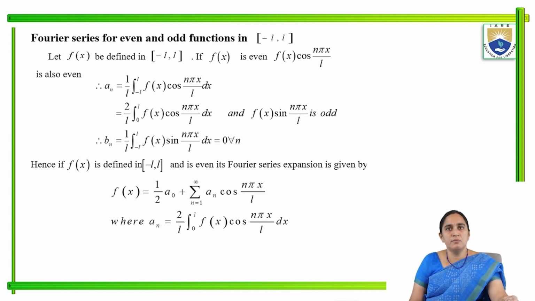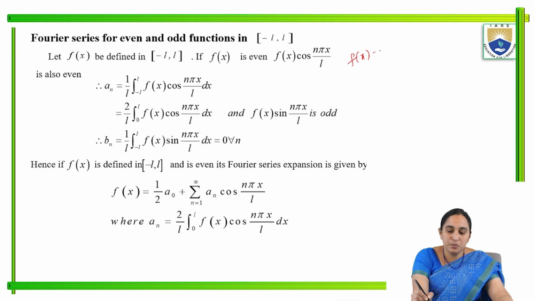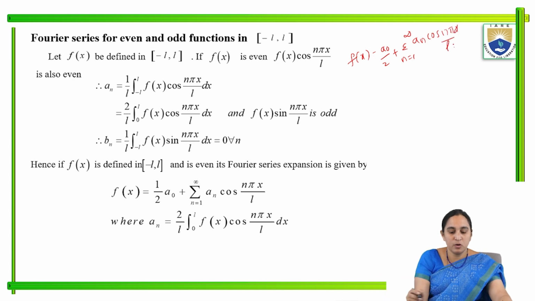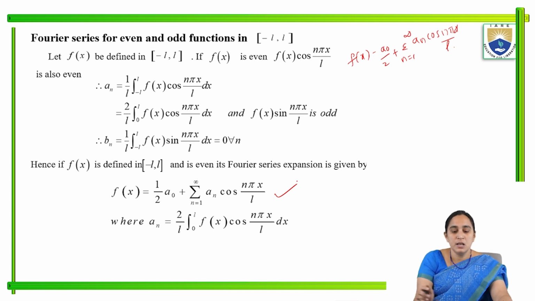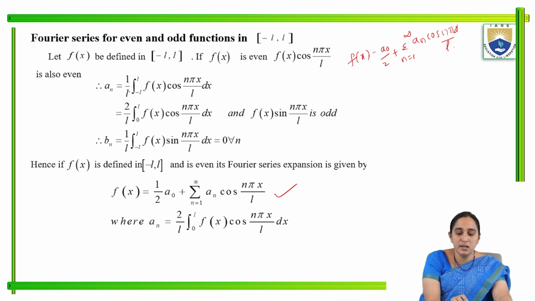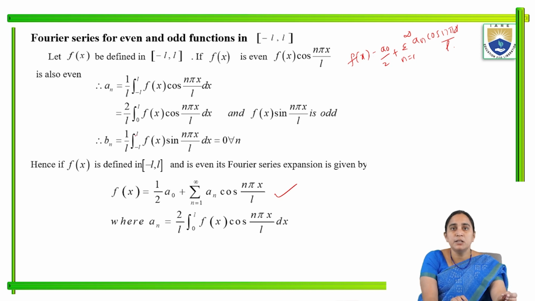If the function is even, the general formula f of x equals a naught by 2 plus sigma n equals 1 to infinity of a n cos n pi x by l, with the b n terms vanishing, reduces to 1 by 2 a naught plus sigma n equals 1 to infinity of a n cos n pi x by l.